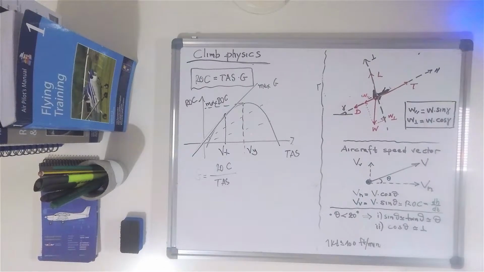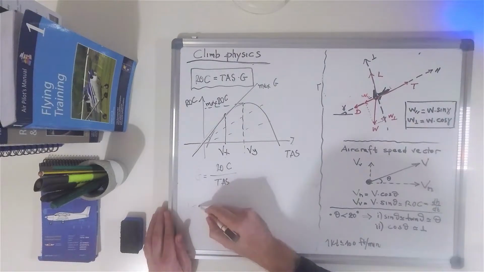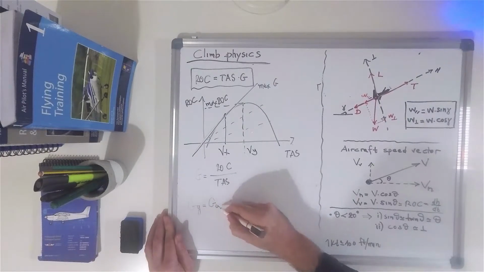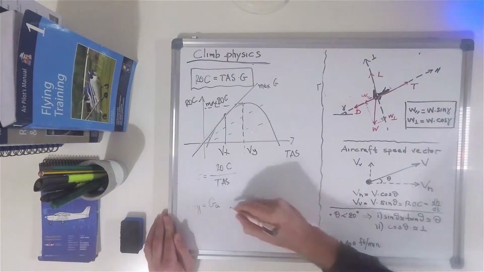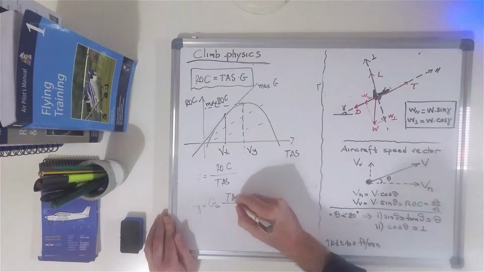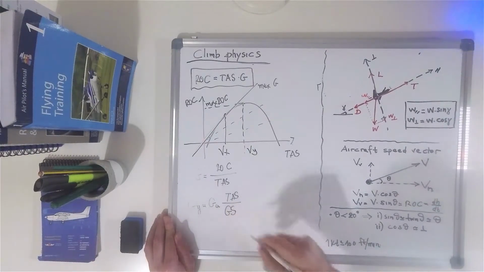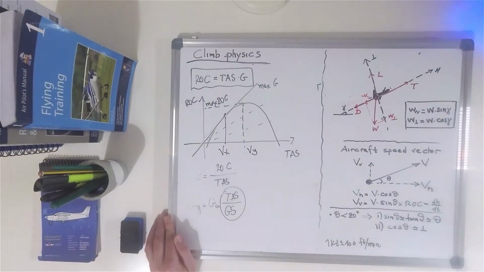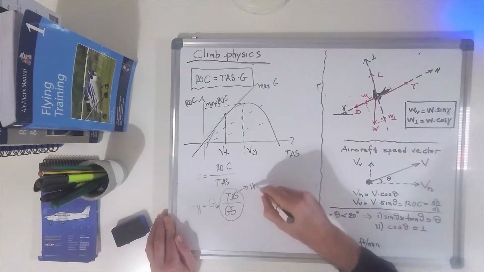In order to find the ground climb gradient, thus the climb gradient with reference to the ground, we have to know the wind conditions. So in that case, the ground climb gradient will be the air climb gradient multiplied by this factor, which is called the wind factor.